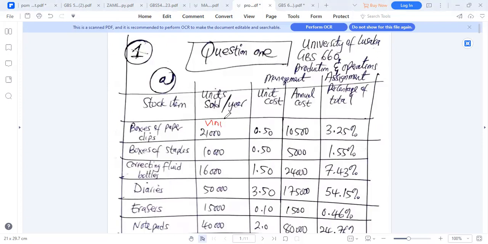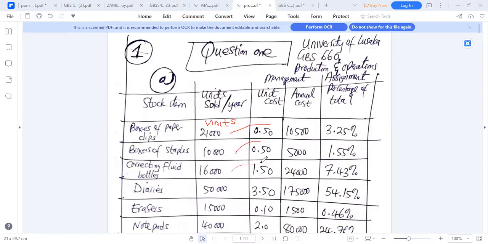And then what next? We have to look at the cost. So as we multiply these two, we get 10,500 as the annual cost. Then the box of staples, we have 10,000 by 0.5, which is 5,000.